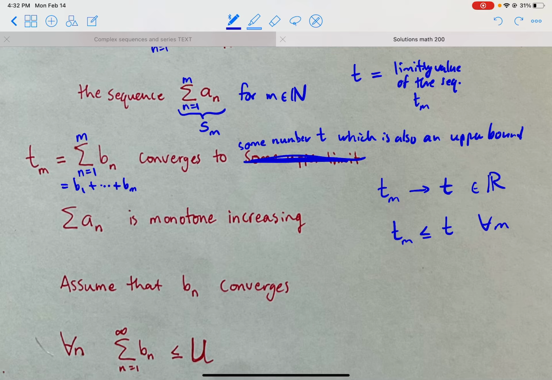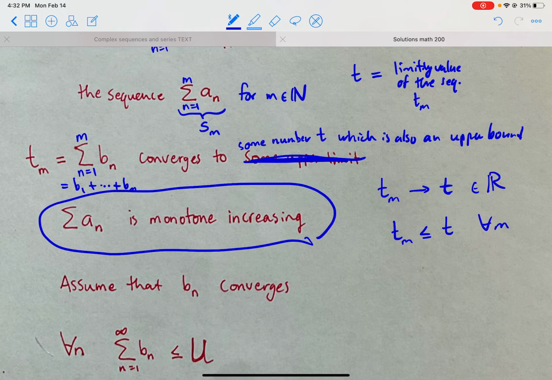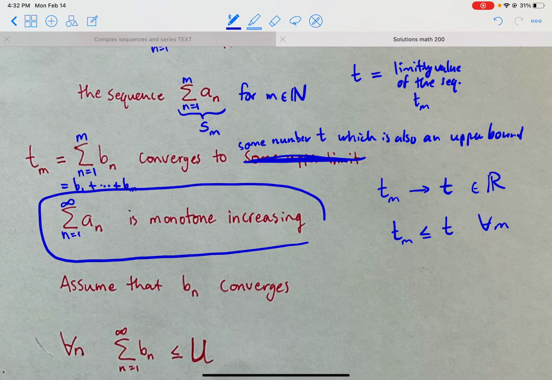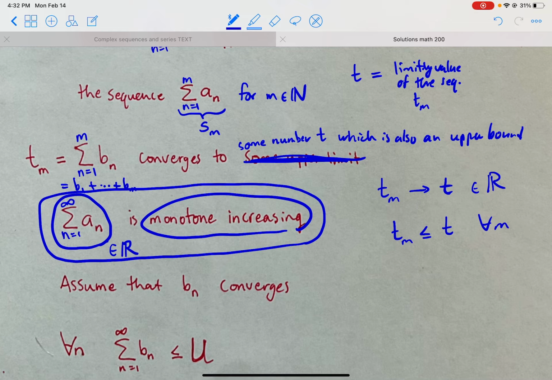So, okay, let's look at this one. These are tricky, lots of tricky language. I'm pretty sure the person meant like this, maybe, I don't know, maybe they didn't. But if they wrote this, it would be wrong. A series cannot be monotone increasing, because a series, if it exists, is just some number, the limiting value of the sequence of partial sums. It's a number. A number cannot be monotone increasing, right? Does that make sense?